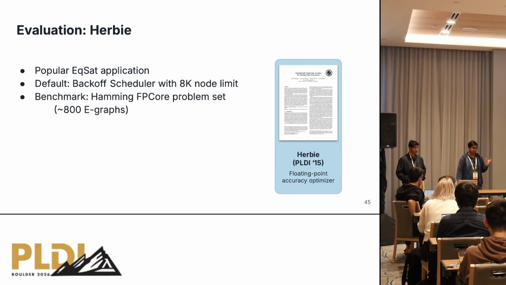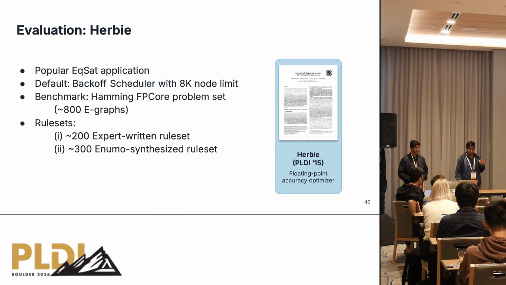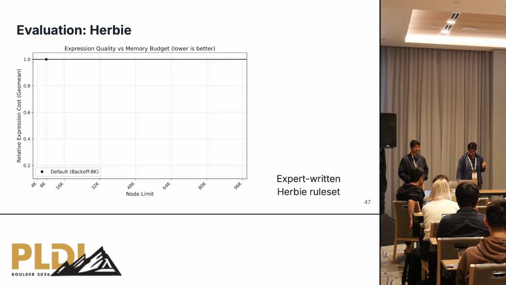We select the Hamming problem set, which has around 800 equality saturation calls, and these are the eGraphs we evaluate on. Again, to show versatility, we consider 2 rule sets, one being the main Herbie rule set from the Herbie repository, which consists of 200 expert written rewrite rules, and another around 300 rewrite rules which were synthesized using NEMO.